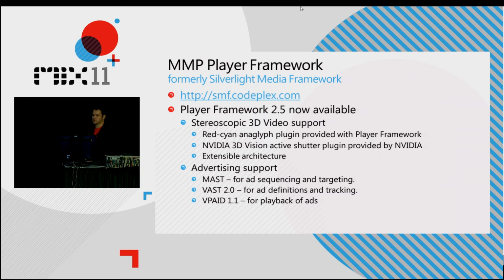One is stereoscopic 3D video support, and the other is support for various advertising standards that we have in the online industry today. For the stereoscopic 3D video support, we're providing a classic red cyan anaglyph plugin as part of the player framework. We also worked with NVIDIA to have them provide a plugin that enables NVIDIA 3D Vision, an active shutter glasses-based 3D system on the PC, to work with Silverlight as well.